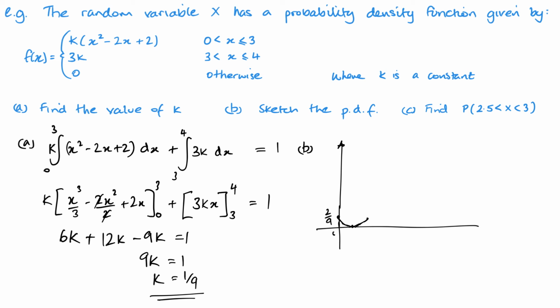So if we think of our 0, 1, 2, 3, by the time we get to 3, we're looking at 5/9 there. And then at that point, what we've got is just a constant. So a constant is just going to be a horizontal line. Obviously 3 times 1/9 is 1/3.